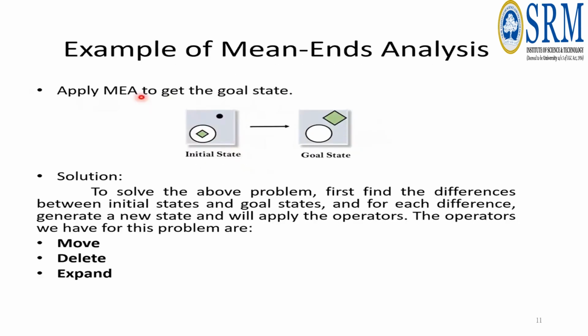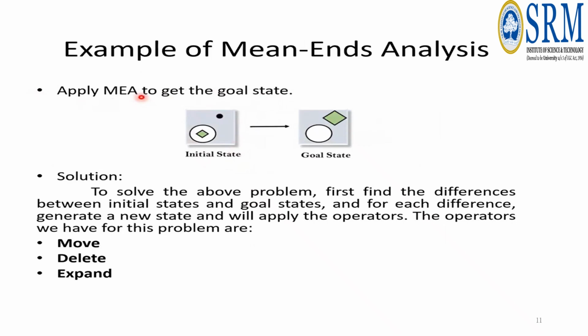Example of means-end analysis: how we use it from the initial state to the goal state. Initially it is shown in a diagrammatic representation, with a circle and a diamond symbol, and at the top a dot symbol. That is the initial state. The goal state has only the circle and diamond symbol, with the dot symbol removed.